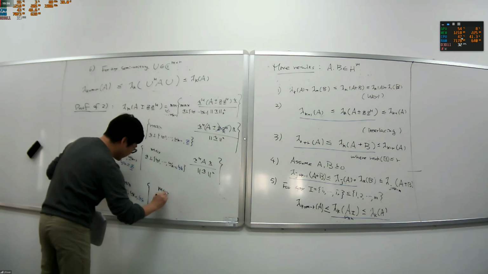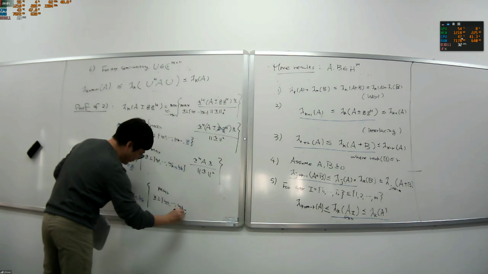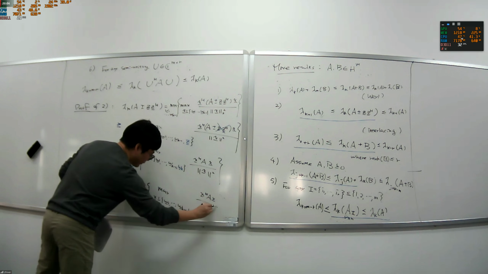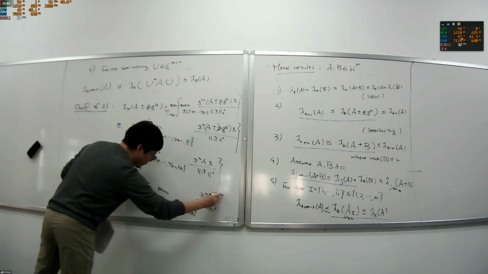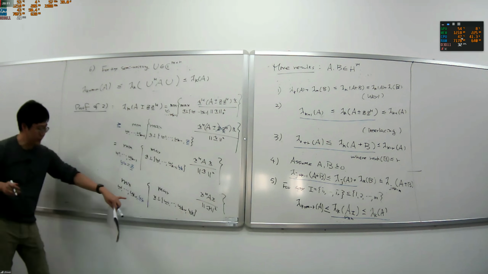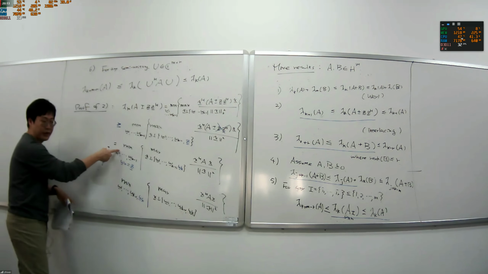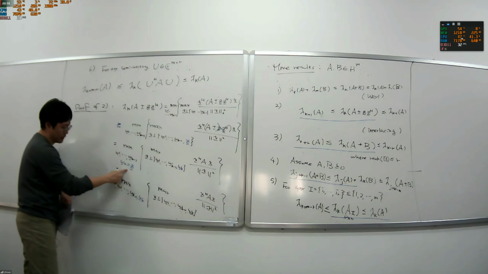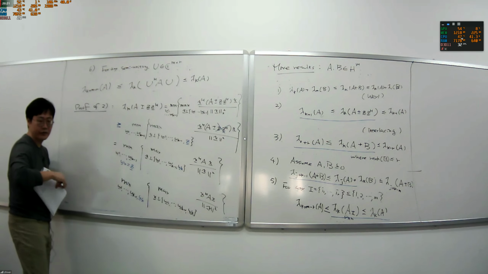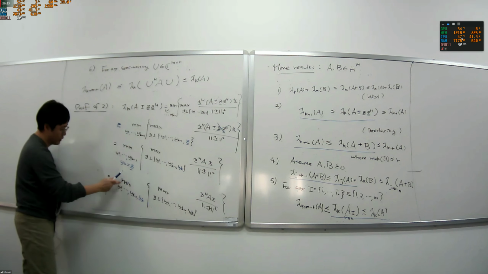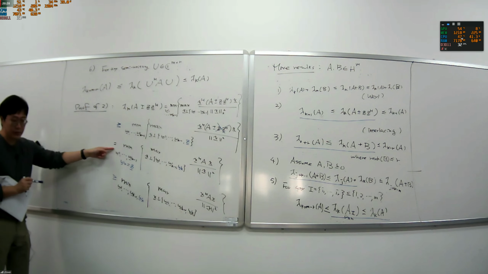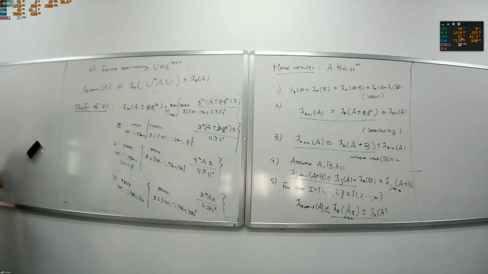And the inside is still the same. Now I drop this, and because here it is a minimization, as I drop the constraint, the feasible set becomes larger. So the minimum value will be no larger than the minimum value with this constraint.